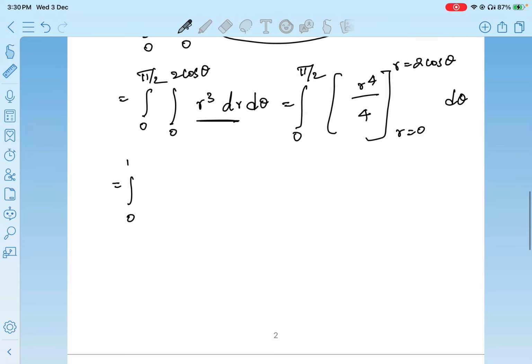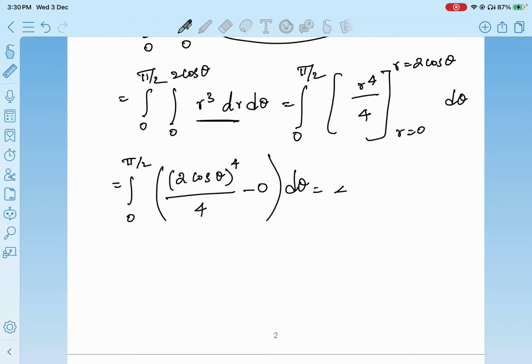Equal to integral 0 to pi by 2 of 2 cos theta the whole power 4 by 4, minus the lower limit 0, d theta.